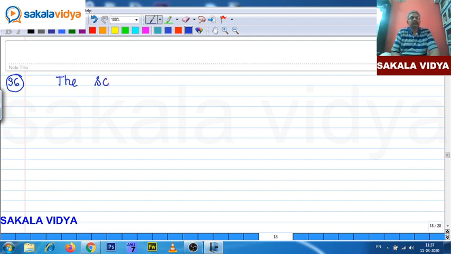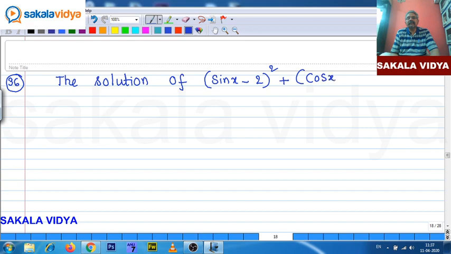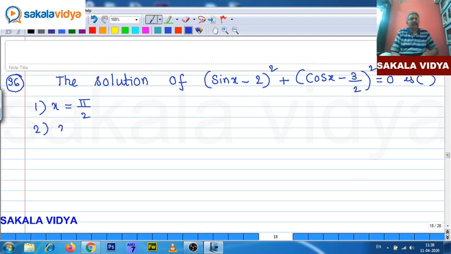The solution of sin x minus 2 whole square plus cos x minus 3 by 2 whole square equal to 0 is: first option x is equal to pi by 2, second option x is equal to pi, third option x is equal to pi by 4, fourth option no solution.